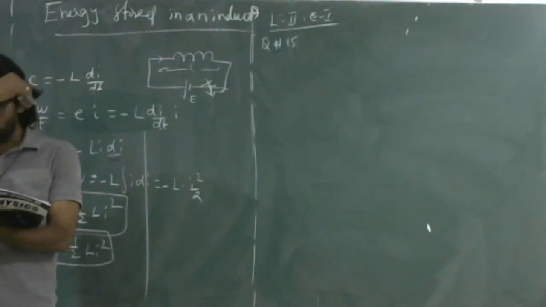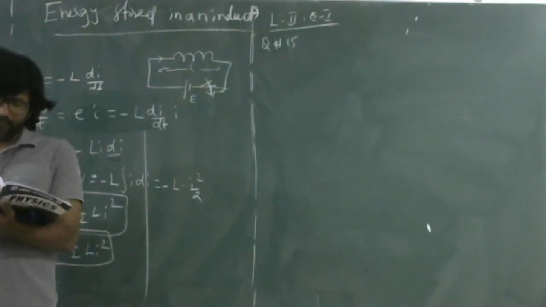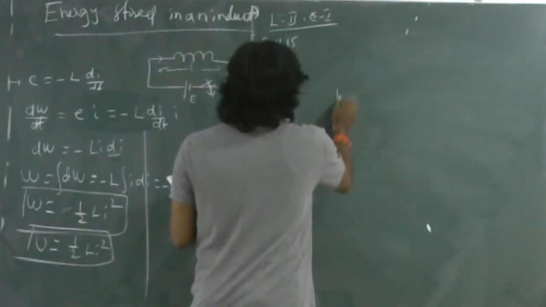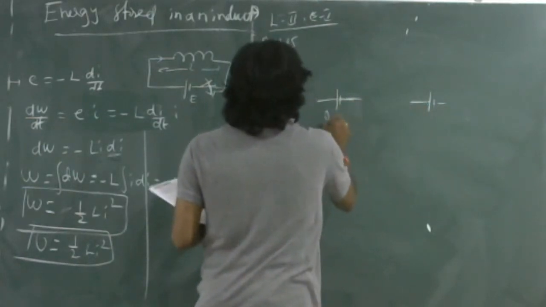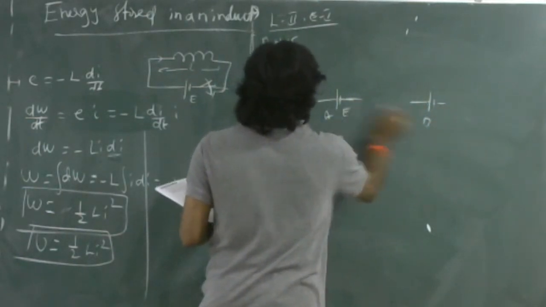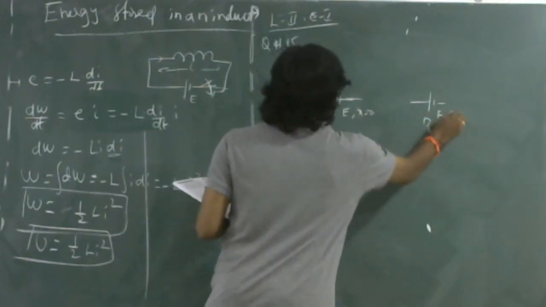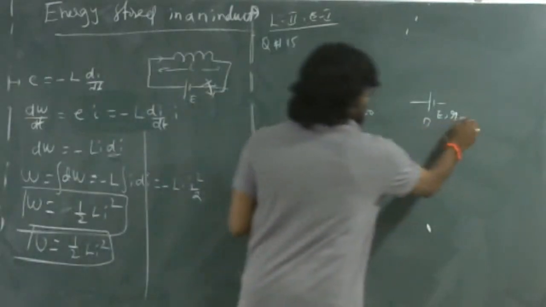If you go through the question, there are two batteries A and B having same EMF. This is one battery, this is another battery, A and B having same EMF. This is having zero internal resistance, this is having some non-zero internal resistance.